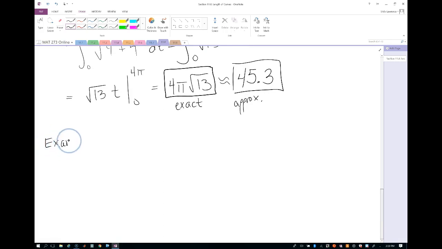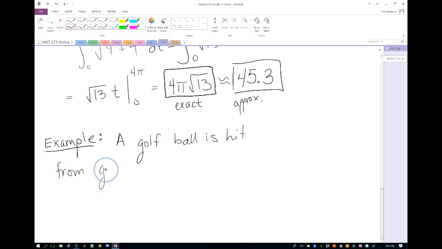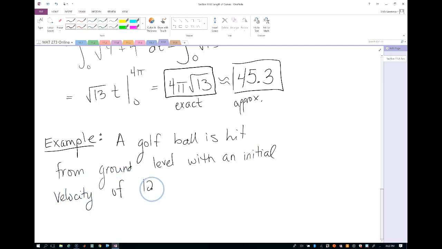Let's try one more really quick. A golf ball is hit from ground level with an initial velocity of 120 feet per second at an angle of 30 degrees.